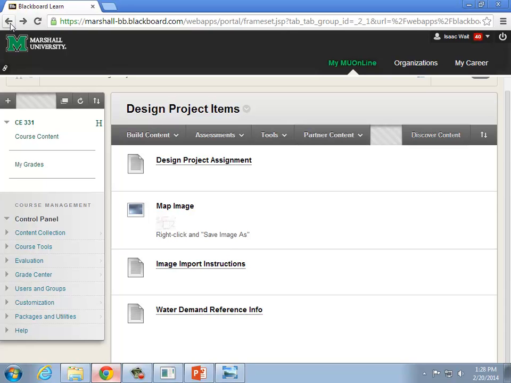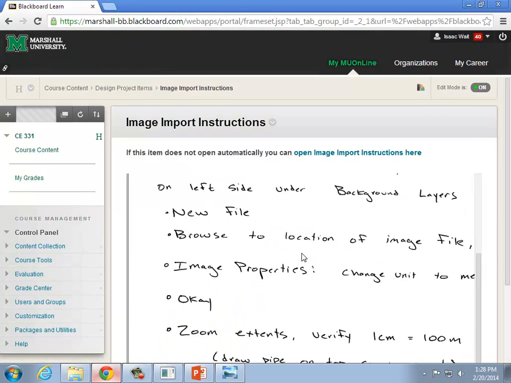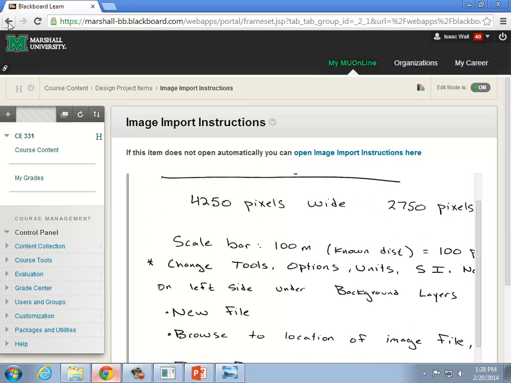In the second phase of the project, you're going to build a pipe network, just draw out the location of the pipes. For this one, I would like you to do it to scale. Previously, when you've done WaterGEMS, we've sometimes done drawings that were just schematic, where where we clicked on the map didn't have any relevance to how long the pipe was. But here in the import instructions, I give you information on how you can import the image that's provided.